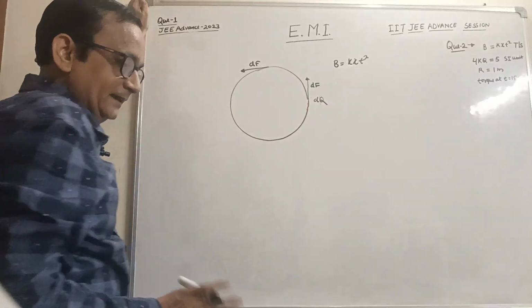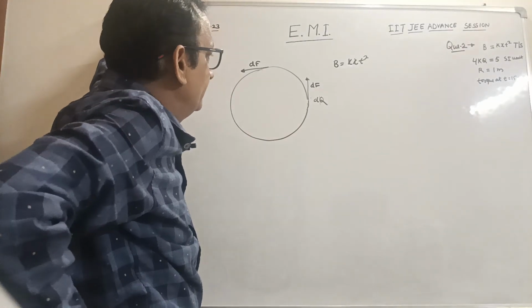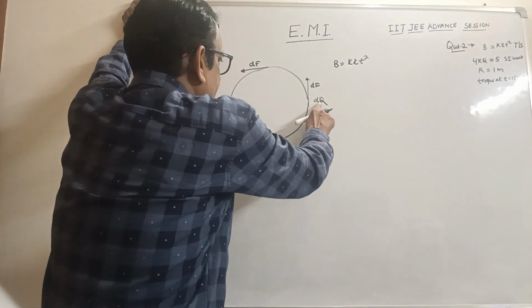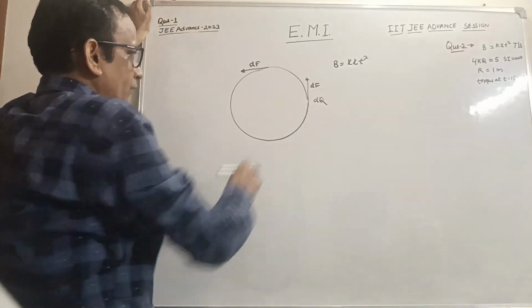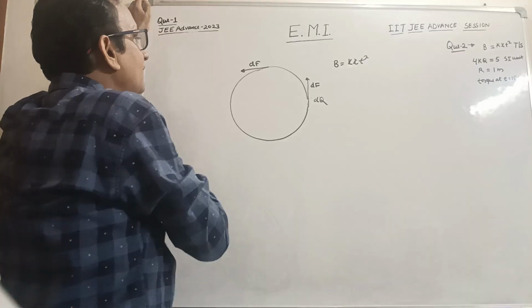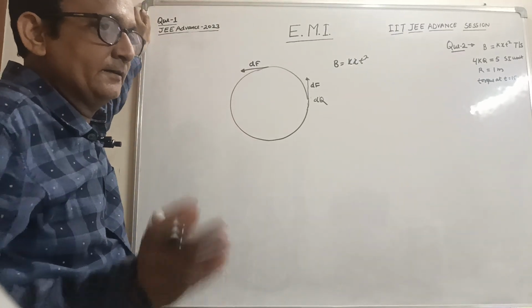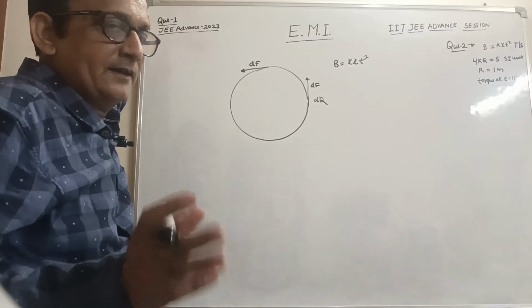But with a non-conservative induced electric field, the work is continuously done. So this depends on the path. This is a path variable, and the electrostatic field is a state variable, which depends on the initial and final state.